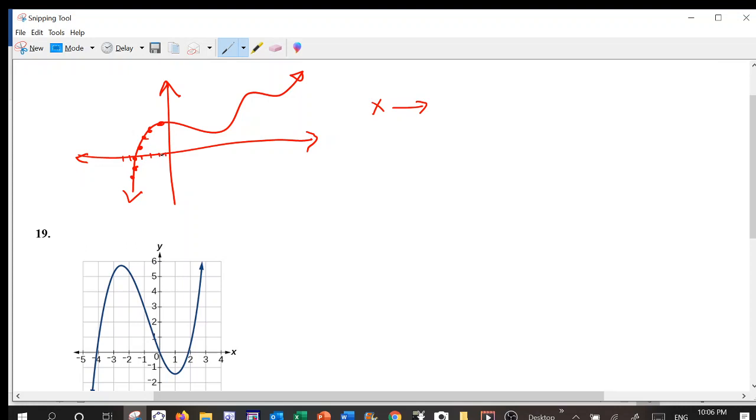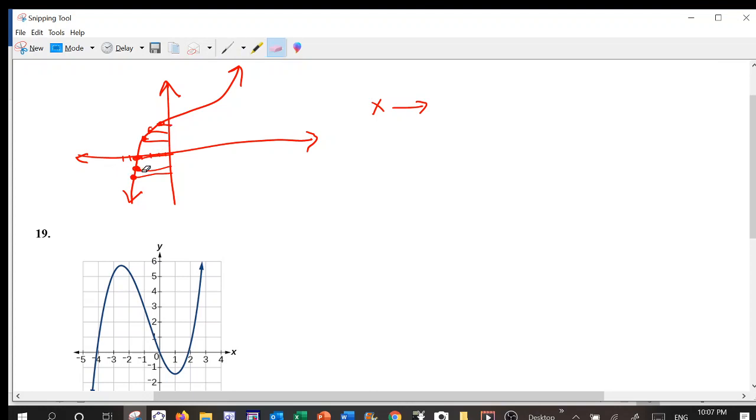So what happens when x coordinates get bigger and bigger? What happens with the y coordinates of these points? Well, it looks like the y coordinates get bigger and bigger.